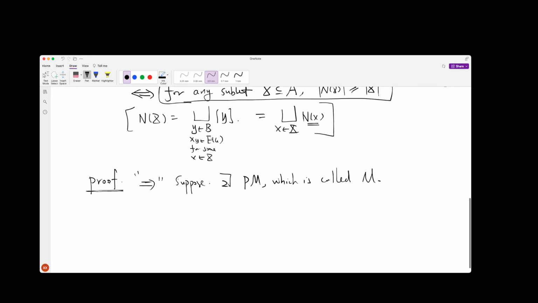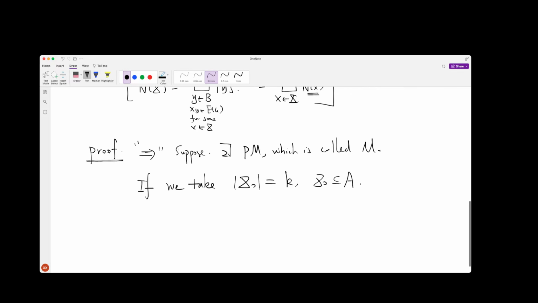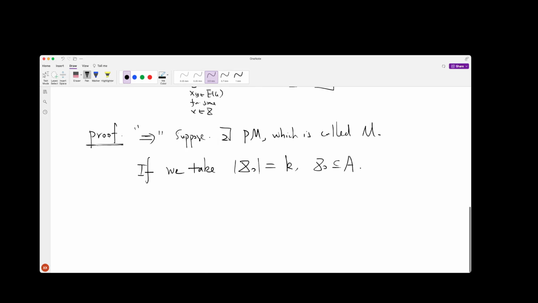So if we take X0, for example, of size k, where X0 is a subset of A. I think it's very simple, because this is X0, and the perfect matching means that every vertex is matched by this M I have.